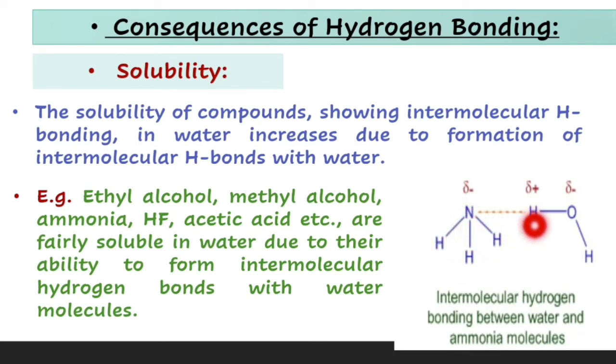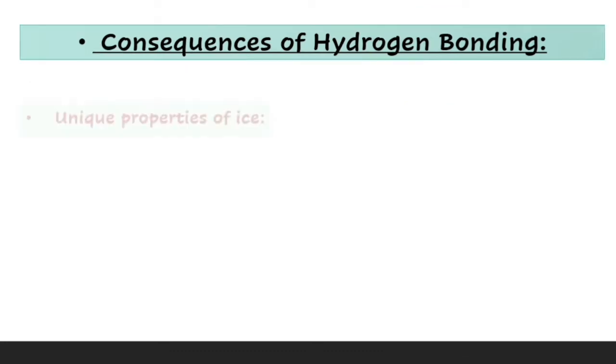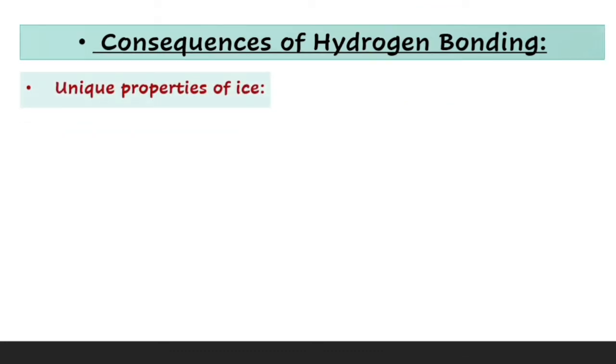Due to this, hydrogen bonding is formed between ammonia and water. This will increase its boiling point. Other examples are ethyl alcohol, methyl alcohol, ammonia, hydrofluoric acid, acetic acid, etc. They are all fairly soluble in water, because of the ability to form intermolecular hydrogen bonds with water. The next one is the unique properties of ice.